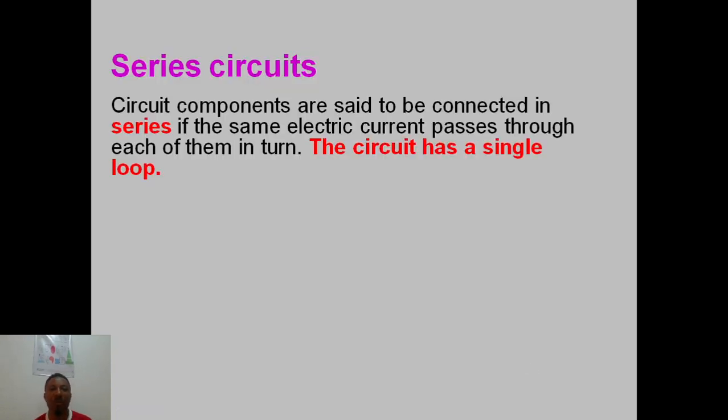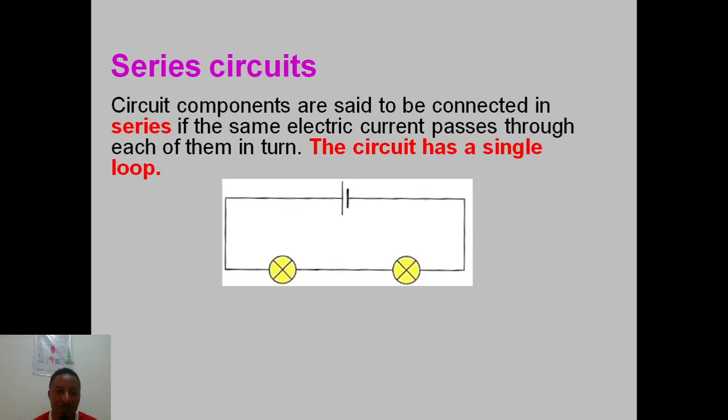Now, series circuit components are said to be connected in series if the same electricity passes through each of them in turn, and the circuit has a single loop. I've said that before. Now, if you have 3 amps flowing from the positive side by the conventional way, the same current is going to flow through each of the circuit components and back to the cell.